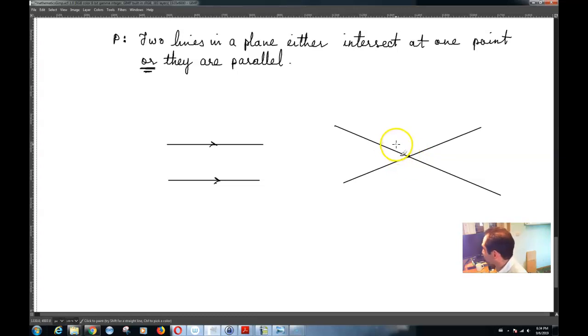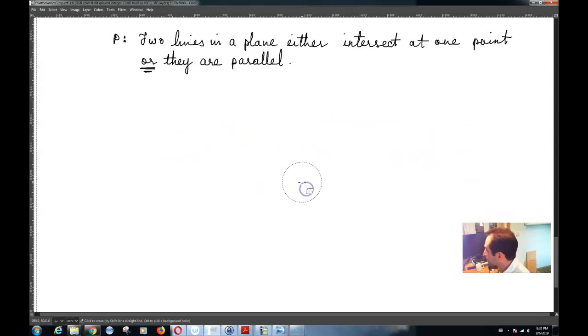What this statement means is that if two lines in a plane intersect, which was the case on the right, then they are not parallel.